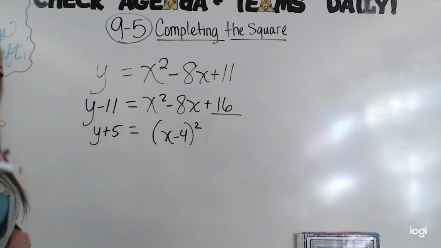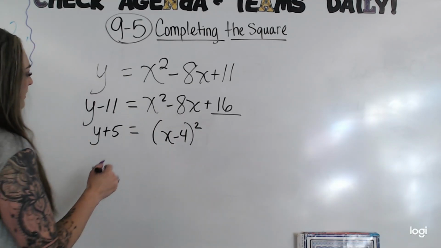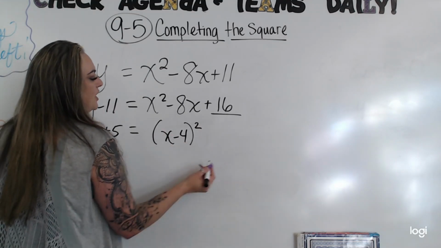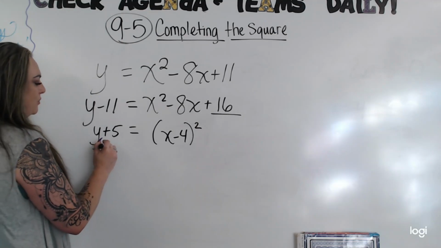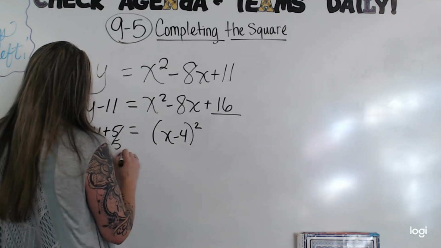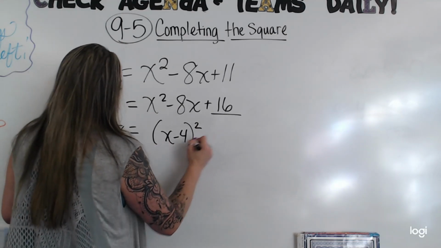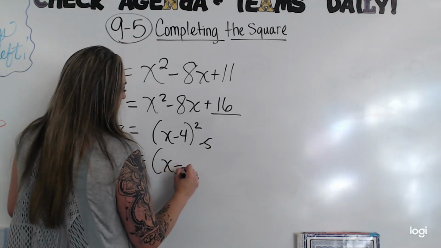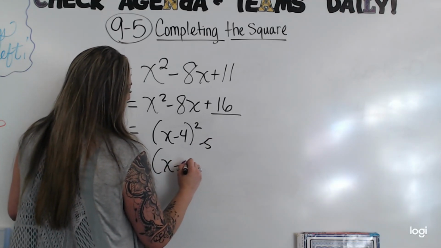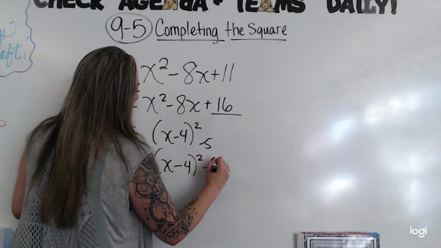We're almost there. I hope you can see the pattern here. This is almost vertex form, right? We have our h, we just need our k. Where's our k? It's over here. We're going to subtract 5 on both sides. So we get the quantity x minus 4 squared minus 5.